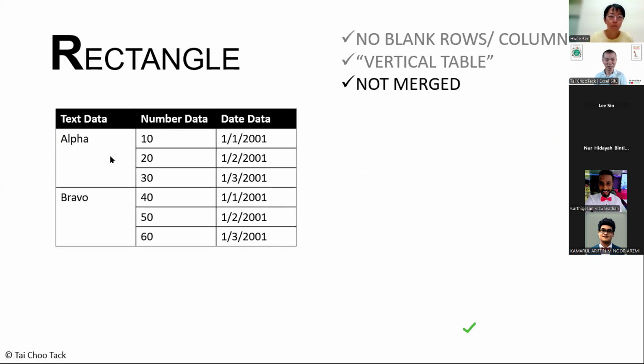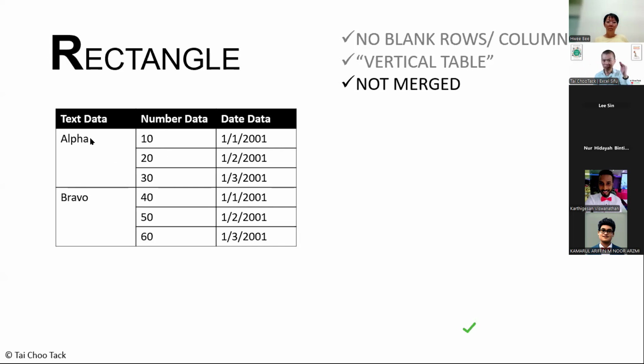The one on the right side and the one on the left side: the left is very easy and makes the report much more presentable by merging redundant data together. It's a good summary report, but it's horrible if you want to analyze it. I know 10, 20, 30 belong to alpha.